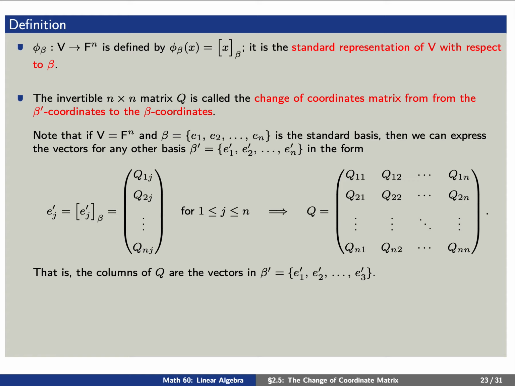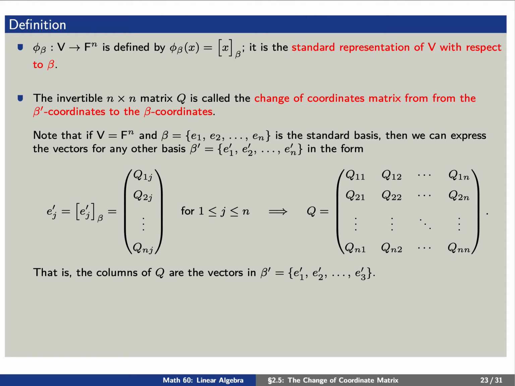For the moment, let's say that beta is the standard basis and V is our collection of n-tuples, namely F to the n. Then we know that each vector e sub j prime, perhaps from a new basis beta prime, is just equal to the representation that we had in the standard basis beta.